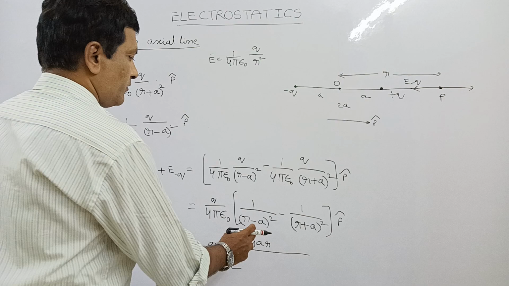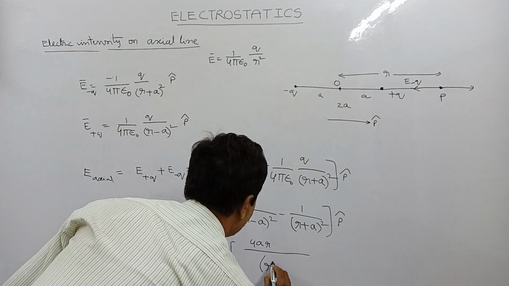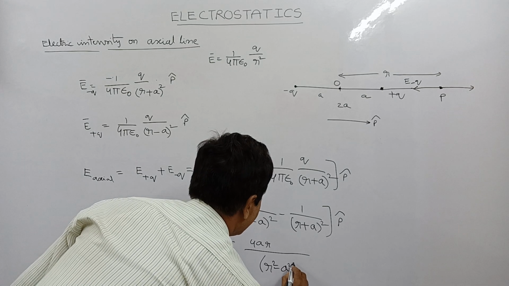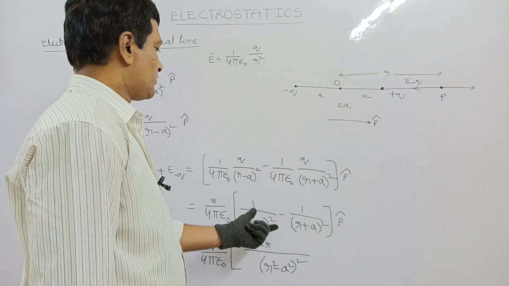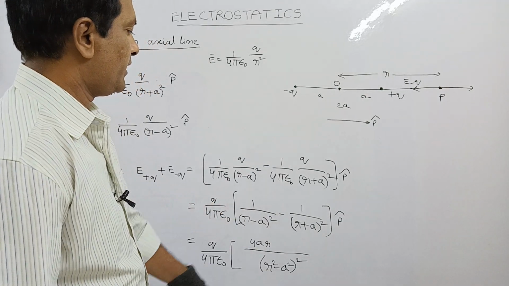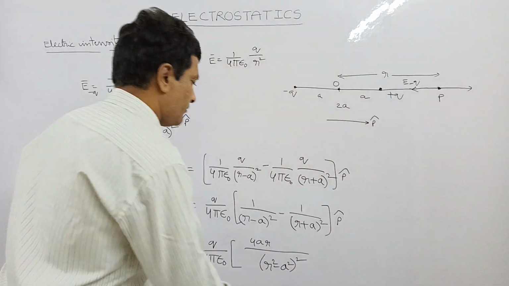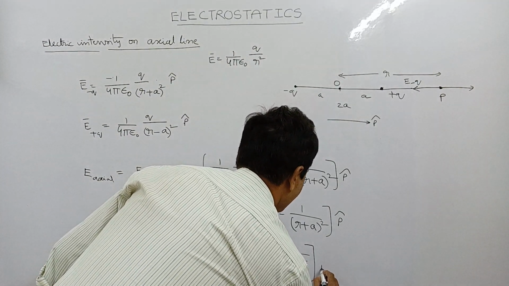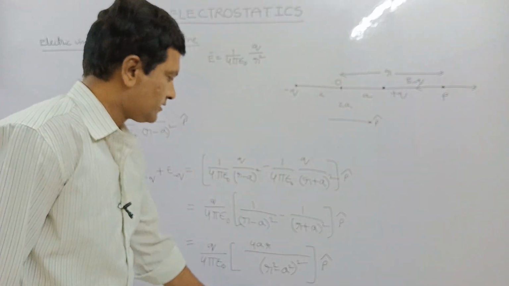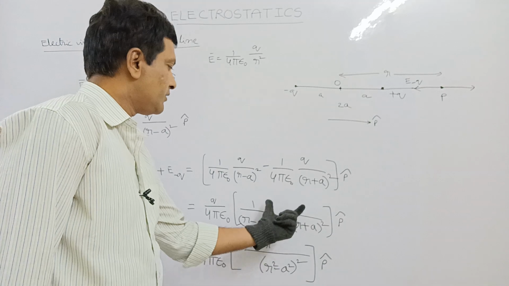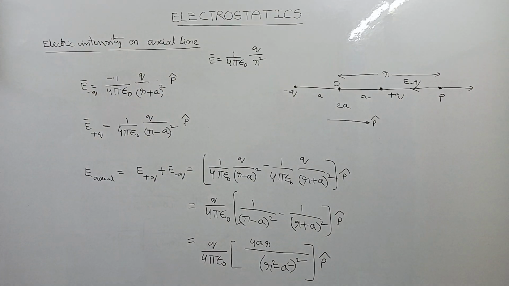So when you take an LCM of this, this becomes (r square minus a square) whole square. This (r plus a) whole square minus (r minus a) whole square will become, and the r square and a square terms will be cancelled. If you simplify this one, you will get 4ar.